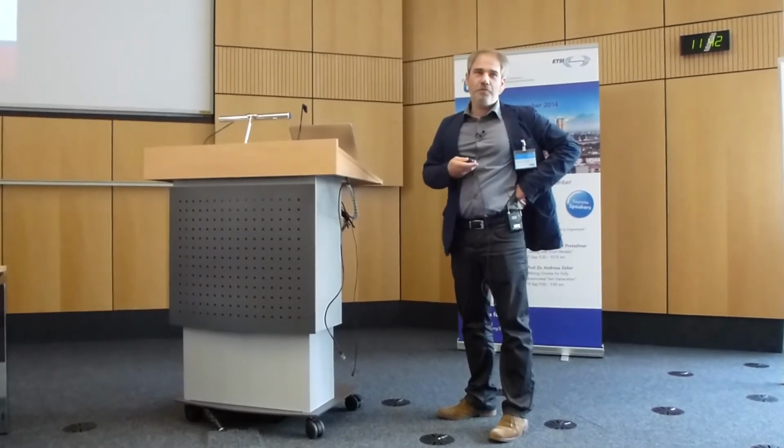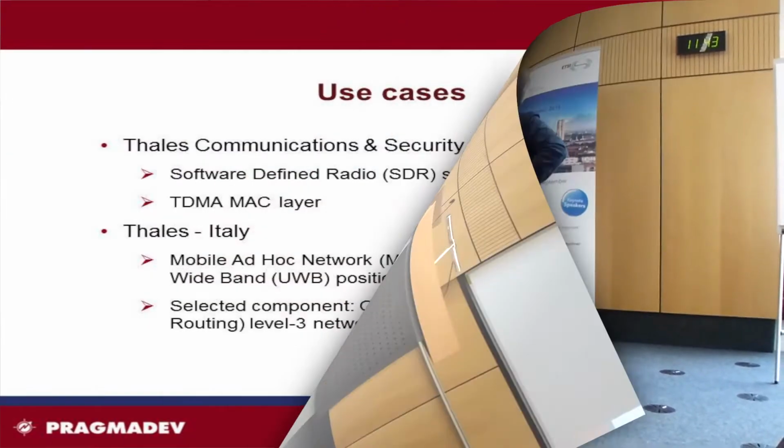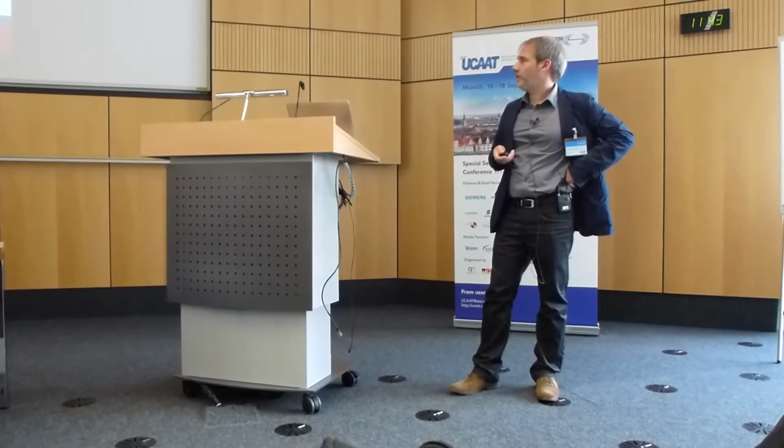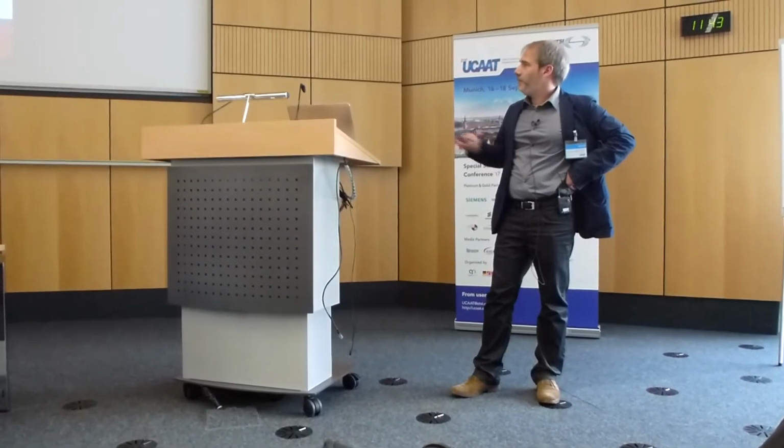In this European project, we had several use cases, one from Thales Communication and Security in France, and the other one from Thales in Italy. Both were telecommunication systems. The one in France was a software-defined radio system, and the one in Italy was a mobile ad hoc network.